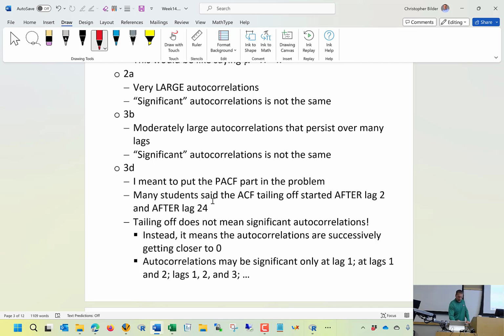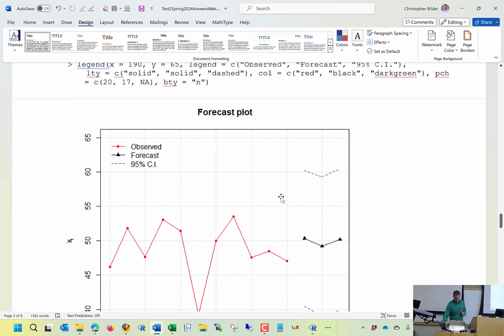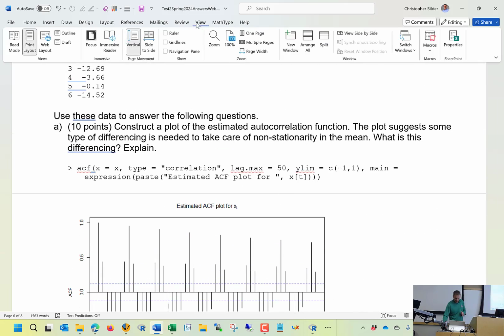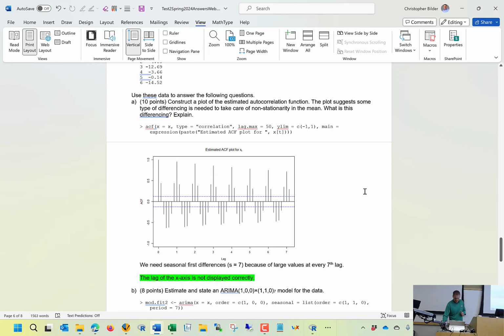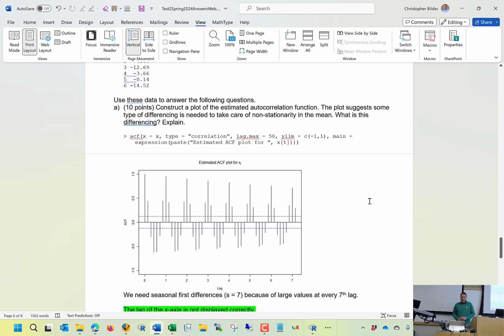So 2A and 3B had the same issues sometimes for students. Let's take a look at 2A here. Okay, so what we have here is some data that has some seasonality with it.